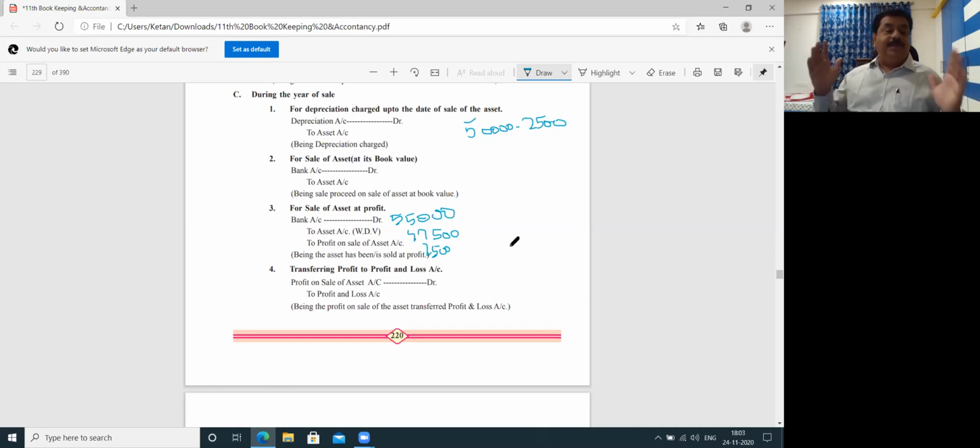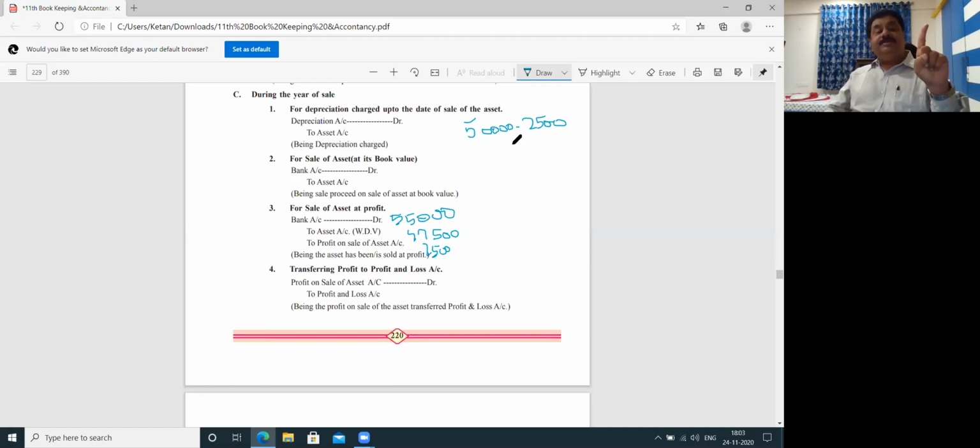Do you know what is important in the depreciation chapter? You must be able to understand the dates, number one. And you must be able to understand the calculation part. What do dates mean? Year-wise.